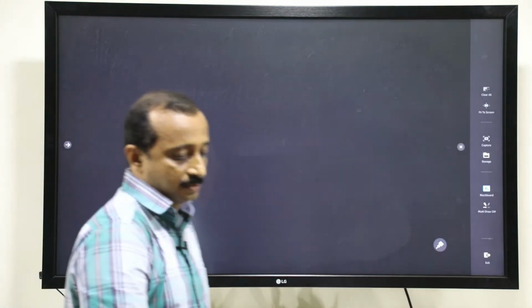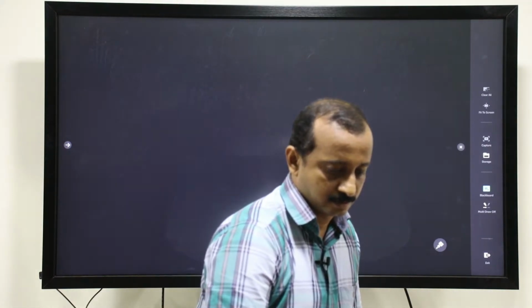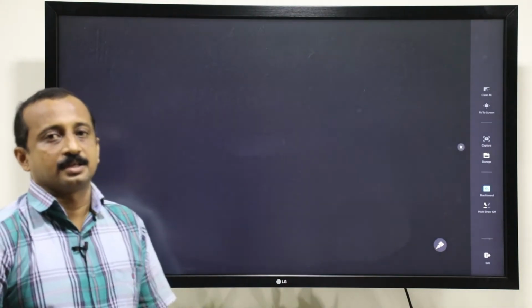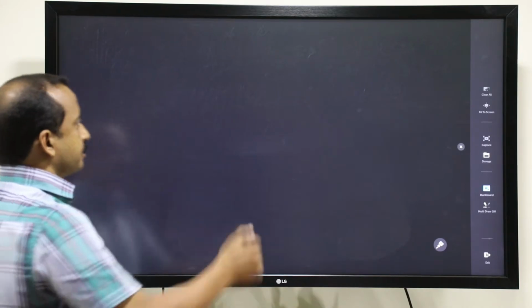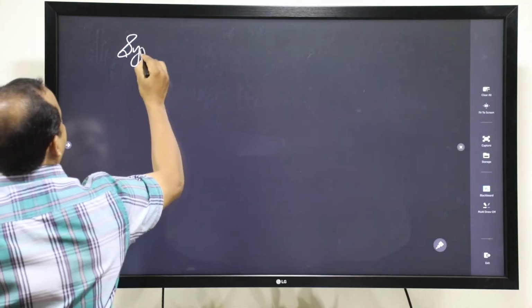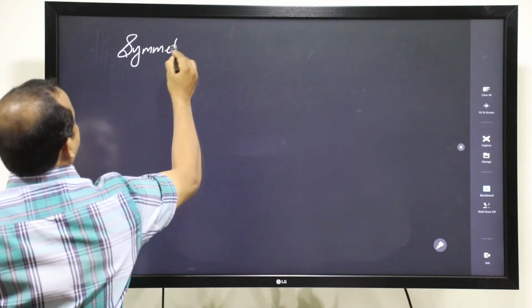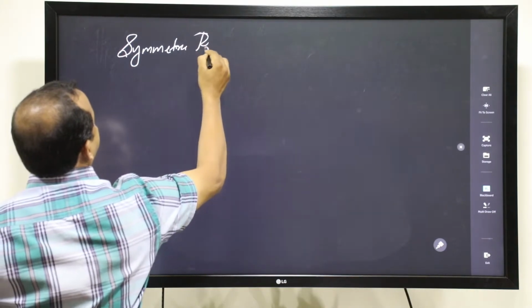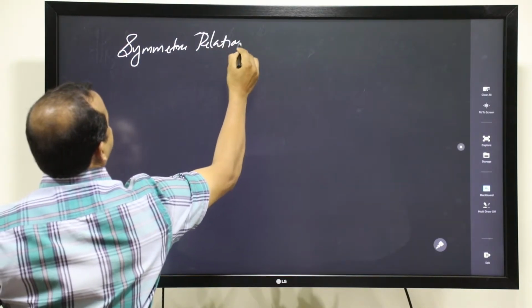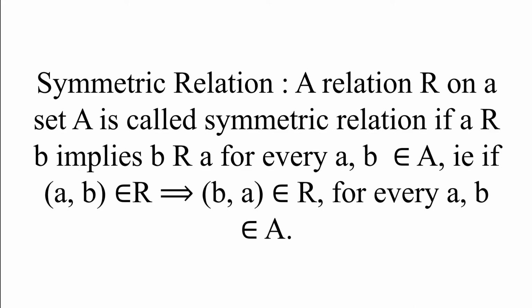Now the second, the next type of relation is symmetric relation. What is symmetric relation?